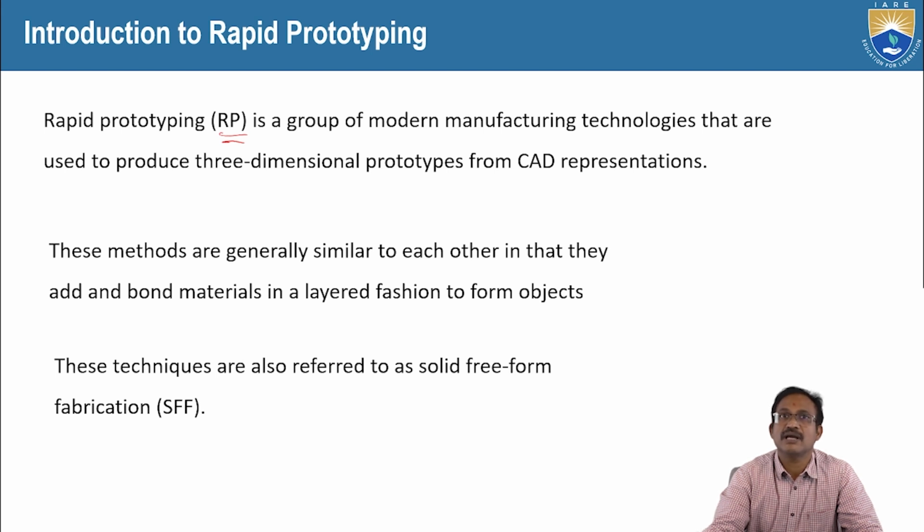But with rapid prototyping, we are not subtracting the material. In order to get any part or component, we are adding material layer by layer. So this layer by layer technique is nothing but rapid prototyping.